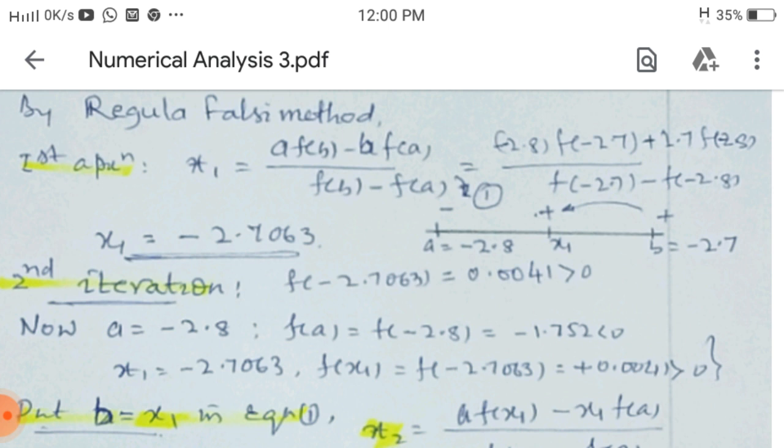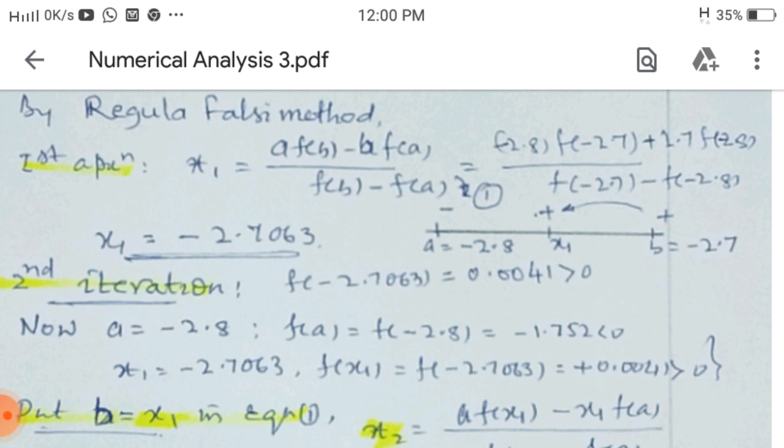Second iteration. So f of b is positive, f of x1 is positive. Therefore, now f of a and f of x1 have opposite signs. Therefore, the real root now lies between a and x1. So now you find f of minus 2.7063, which is equal to 0.0041.